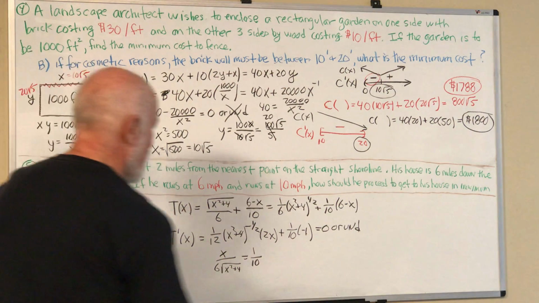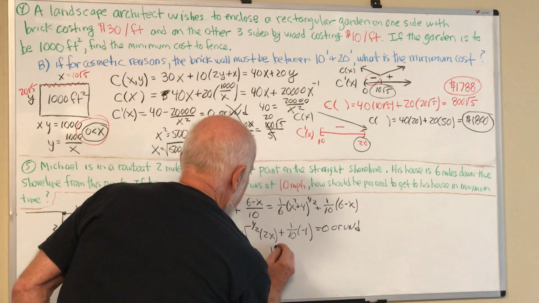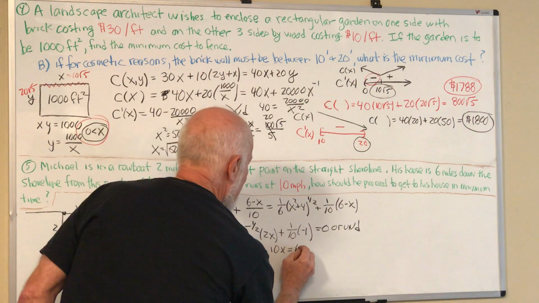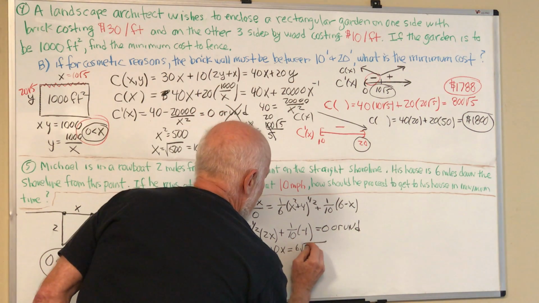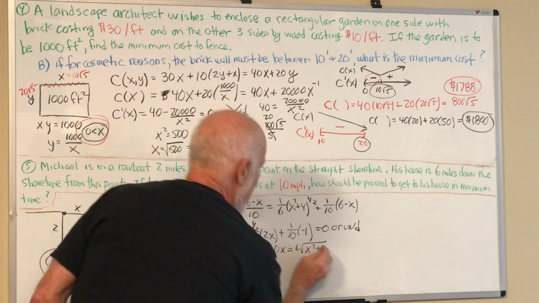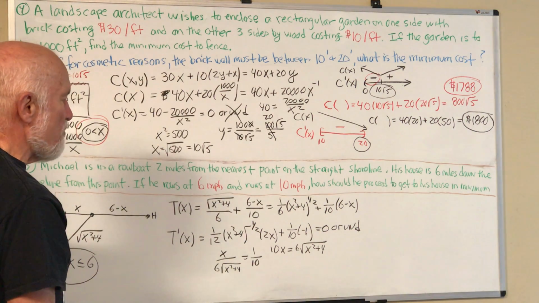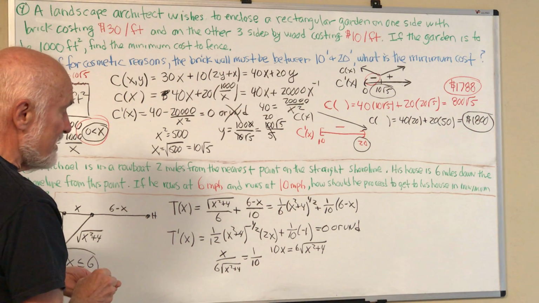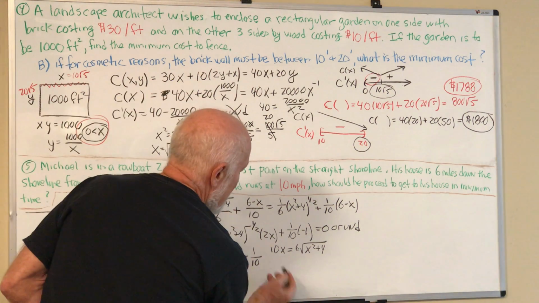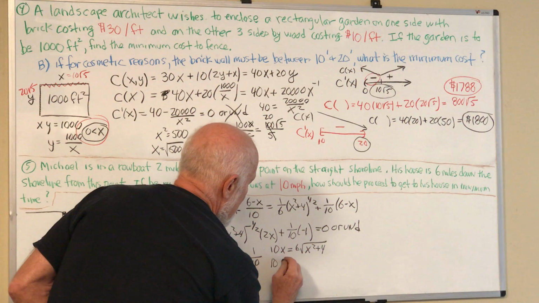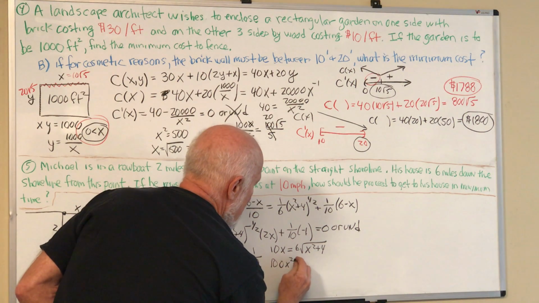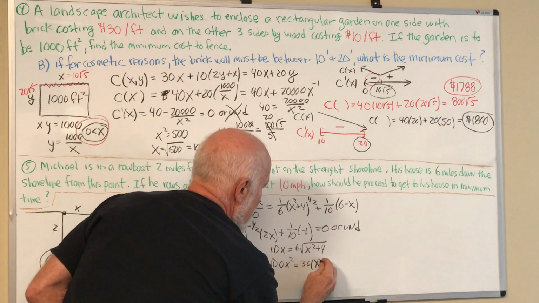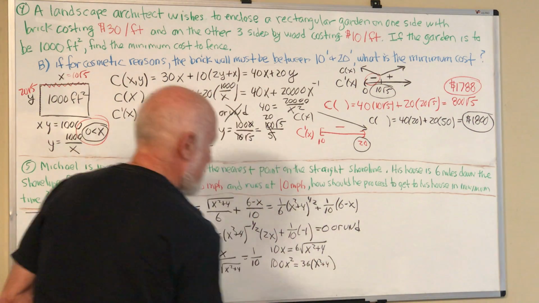to solve for. So if I cross multiply, I get 10x equals 6 times the square root of x squared plus 4. To get rid of that radical sign, I probably should square both sides. So you get 100x squared equals 36 times (x squared plus 4).